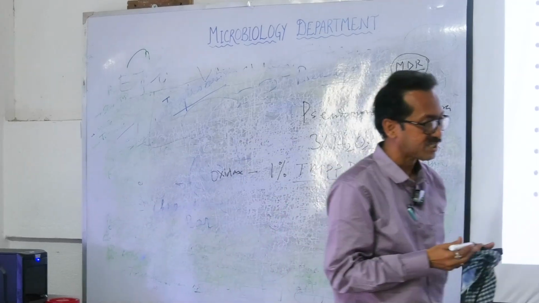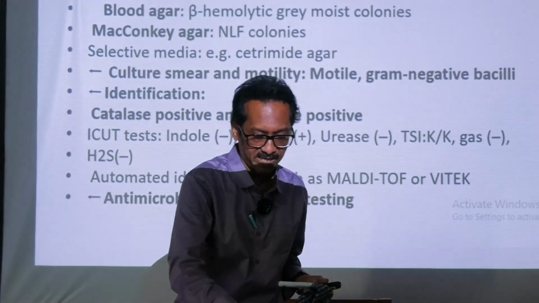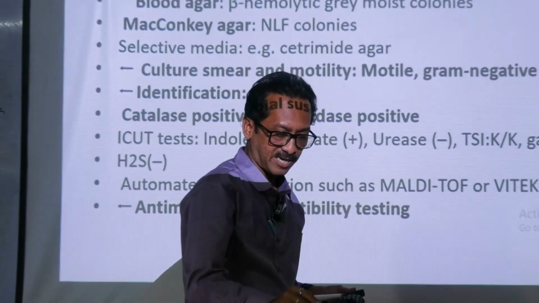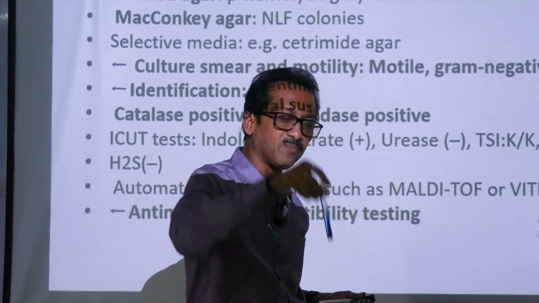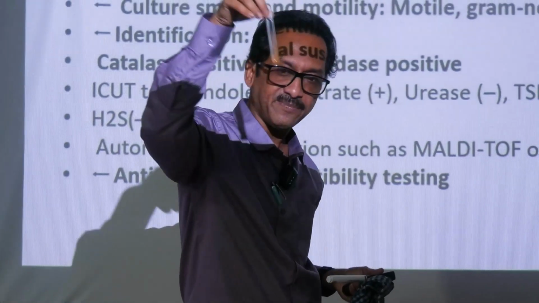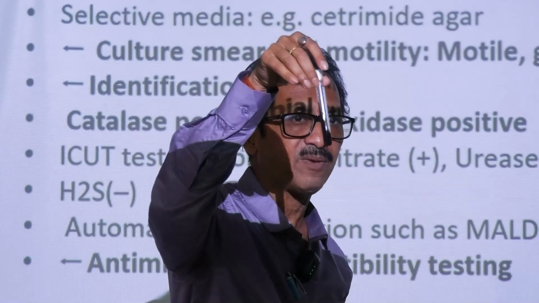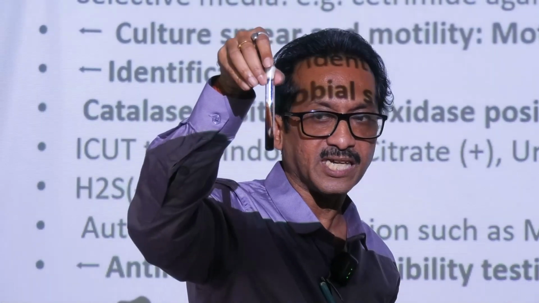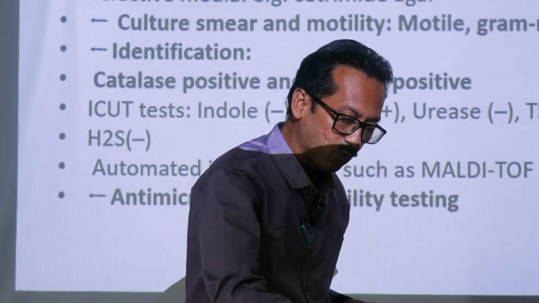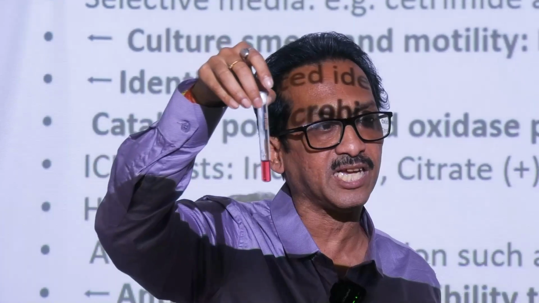Okay, what will the biochemical tests be like? In biochemical tests, what will be given: indole is not produced, indole negative; citrate will be positive, blue colored; urease negative; TSI no reaction, non-fermenter. Pseudomonas grows in TSI but does not change the color. Glucose will be given as positive, but you mention it is not fermentation.